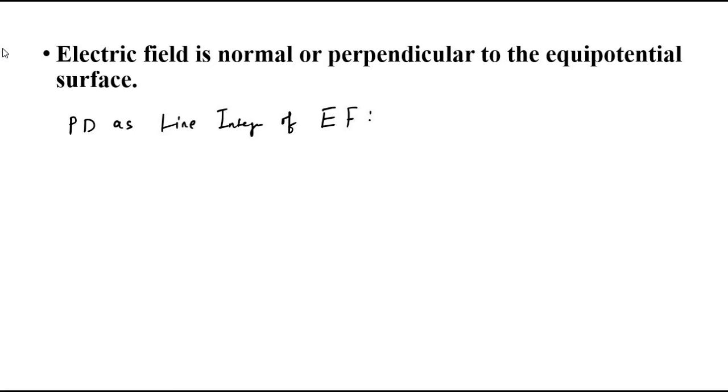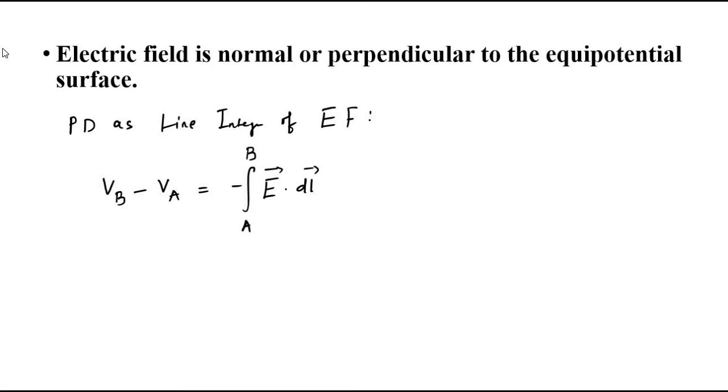In that video we derived that the potential difference between any 2 points in an electrostatic field is the negative line integral of the electric field vector and the displacement vector in between those 2 points.